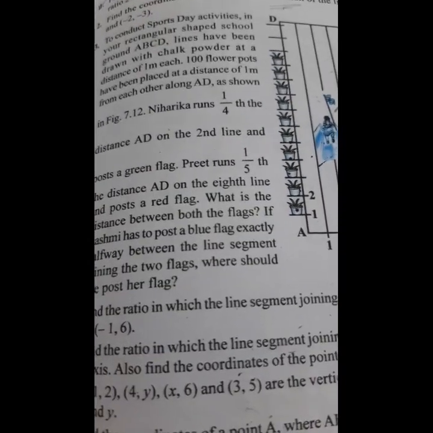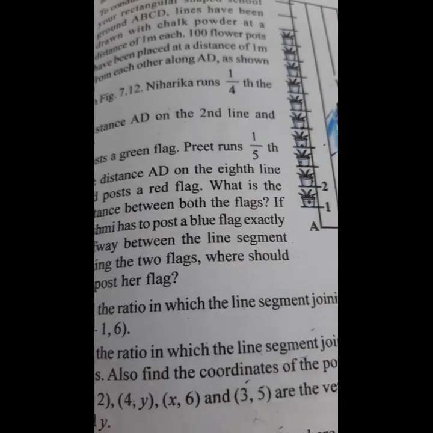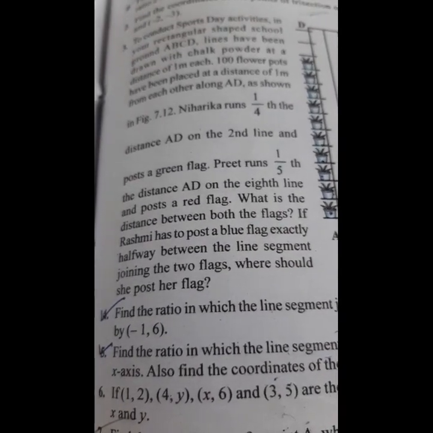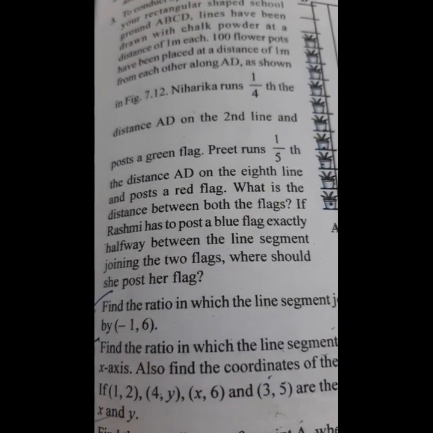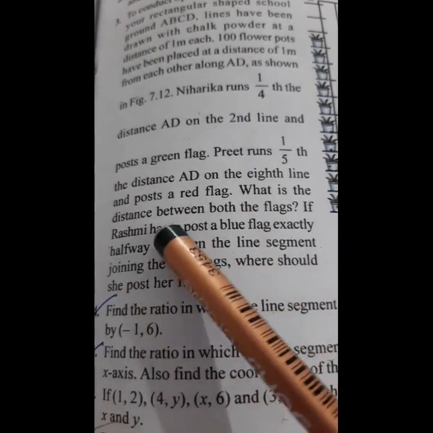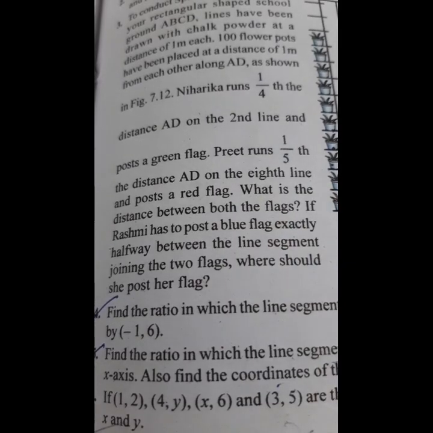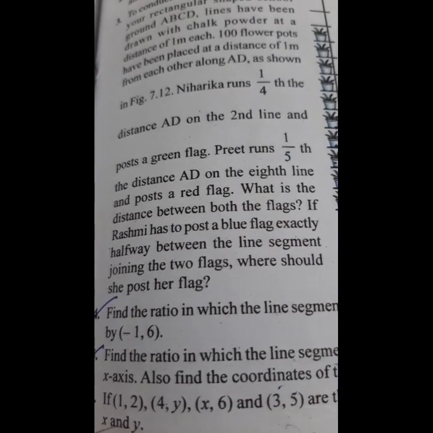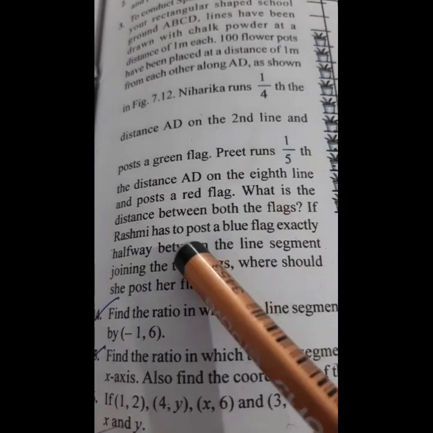Now we found out the coordinates of both the places: it is 25 comma 2 and here it is 8 comma 20. What is the distance between both the flags? We need to find out the distance between both the flags. How are we going to find it out? Using the distance formula.